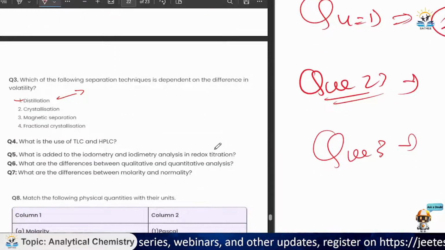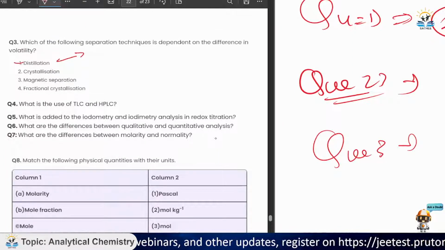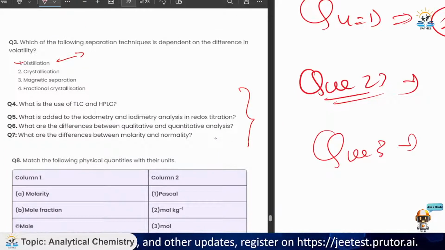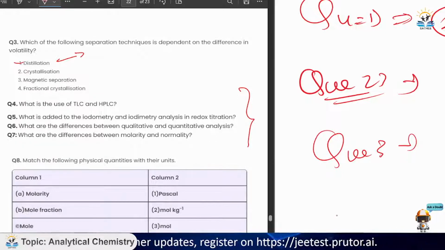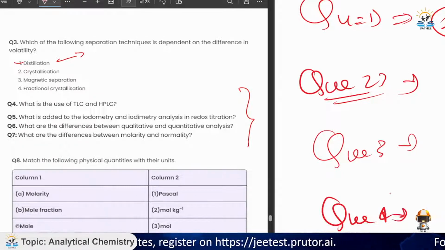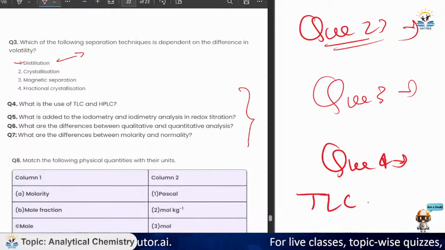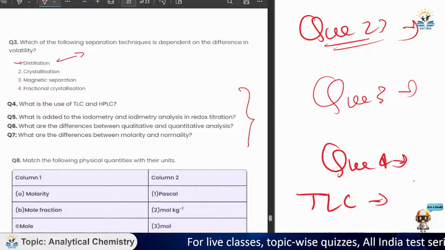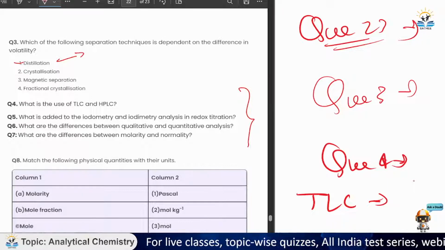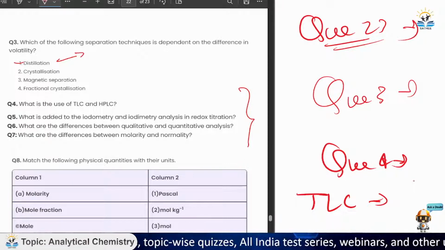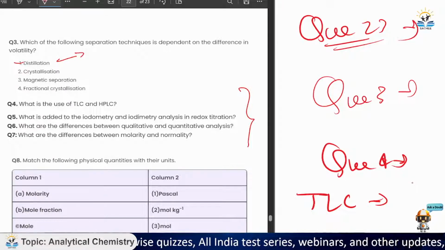Now question number 4. These are some theoretical questions. What is the use of TLC and HPLC? Question number 4, I am writing. I will not write the whole answer, I will just give the intro and you may proceed. Basically, TLC, if you have studied, is used to check whether the reaction is completed or not.